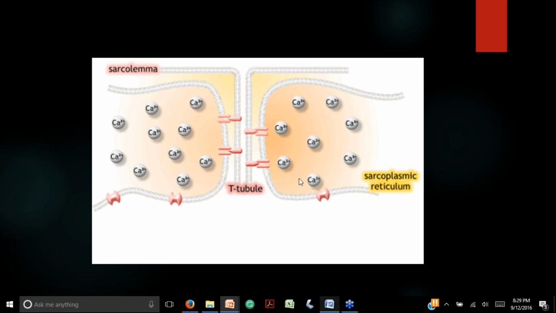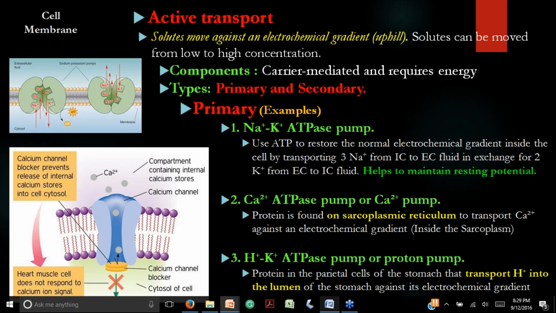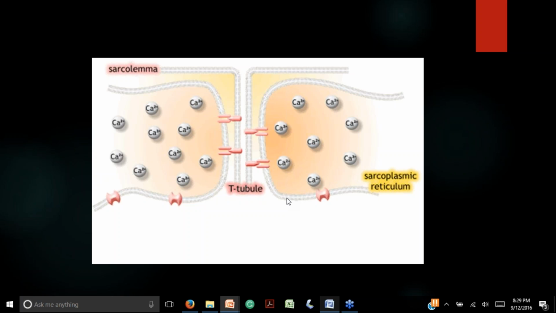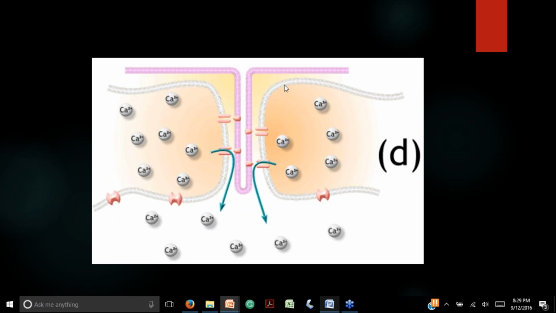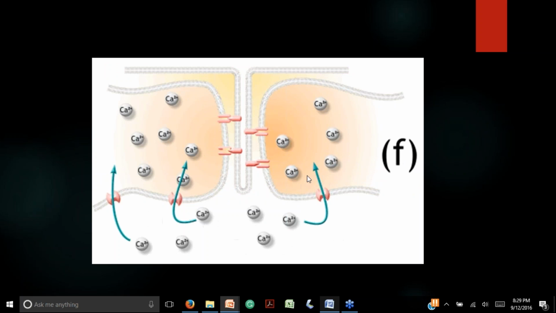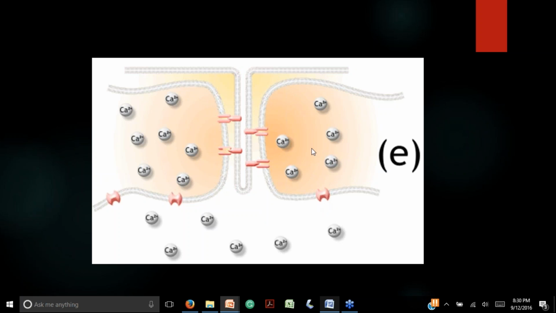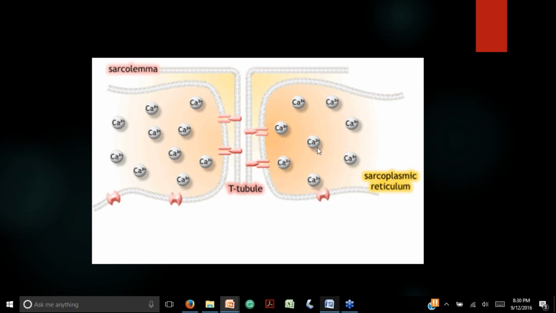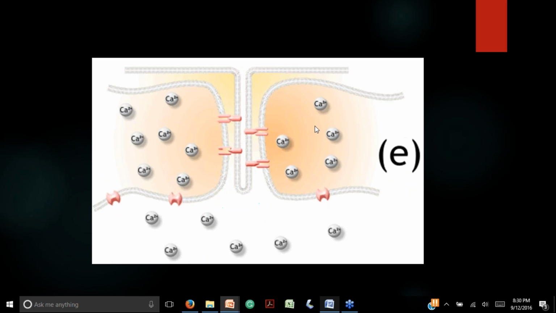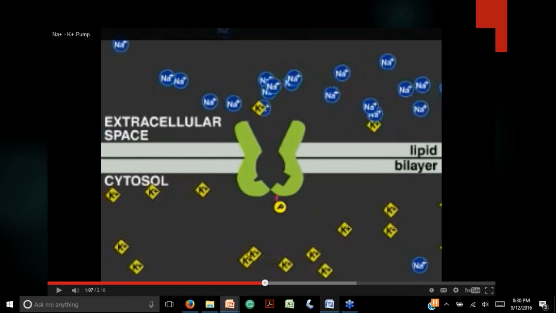In this case, what we have is the calcium pump, located in the sarcoplasmic membrane. It is going to produce the entry of calcium into the sarcoplasmic reticulum, waiting for the next order for contraction. These transporters push calcium inside against the gradient in order to wait until the next depolarization of the muscle cell happens and the contraction occurs.